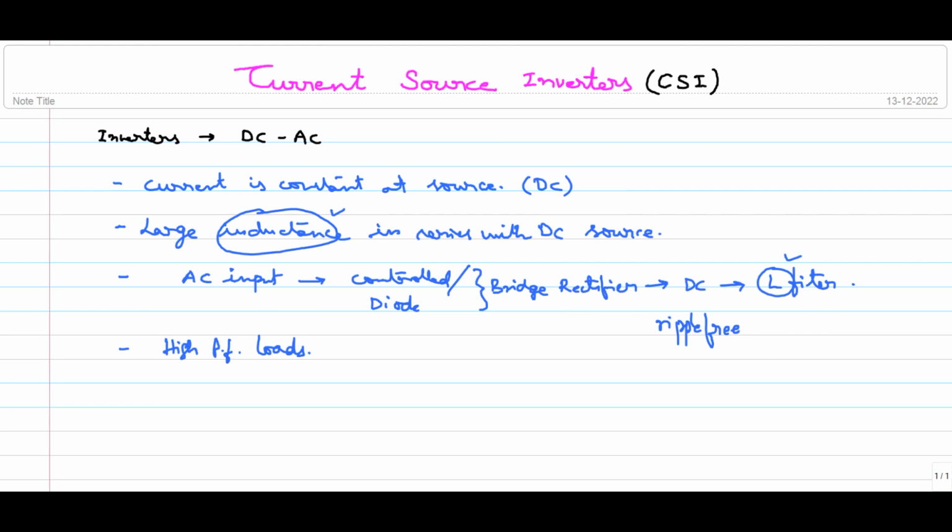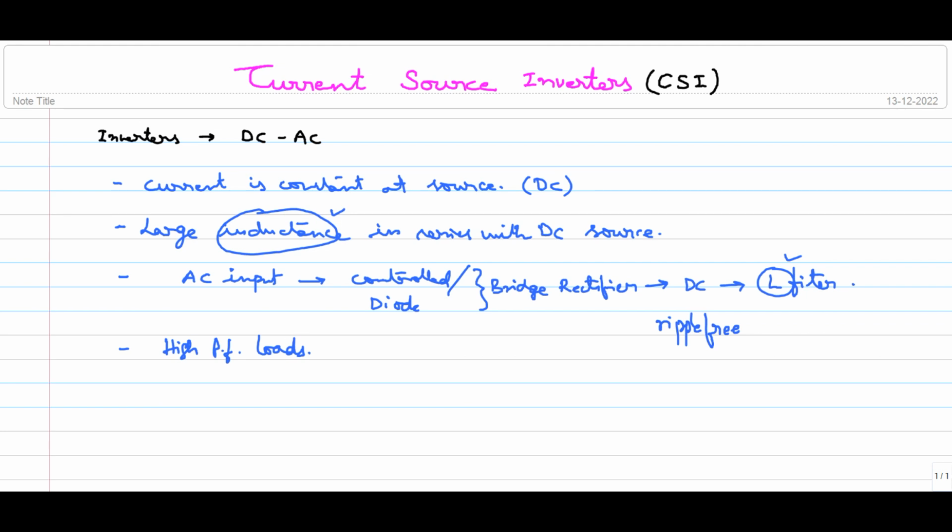So what happens to the current? The current generally depends upon the load. If there is any non-linearity or inductance in the load, we get a deviation of the current angle from the voltage. There is an angle difference between the voltage and the current, and because of that we lose some power factor.